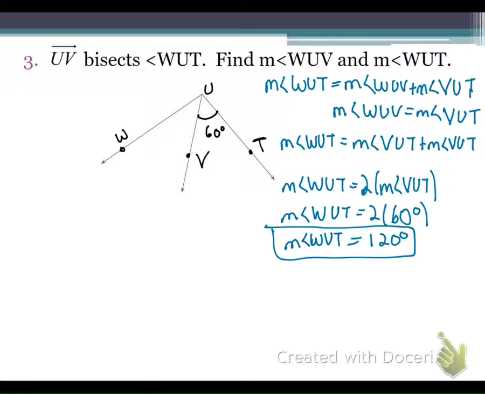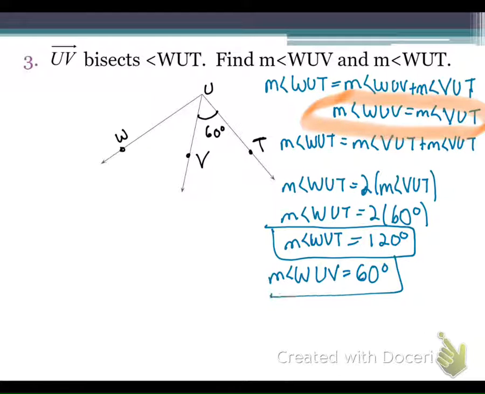Okay, based on this line up here, we know we can solve for the other one. If we know that VUT is 60 degrees, how much does the measure of angle WUV have to be? It also has to be 60 degrees.